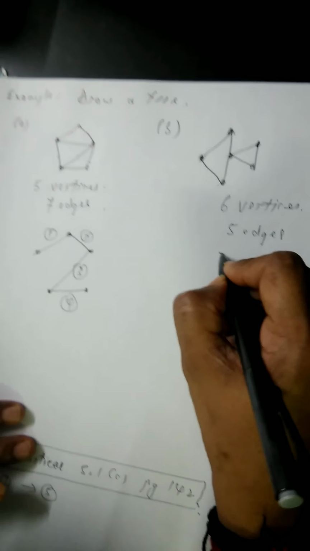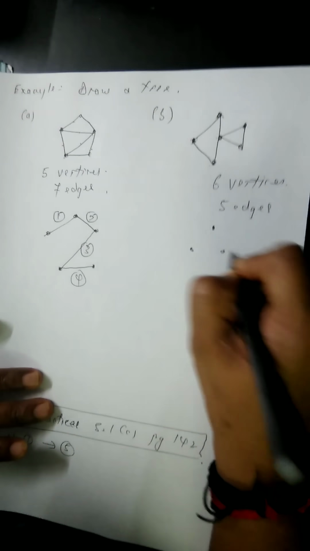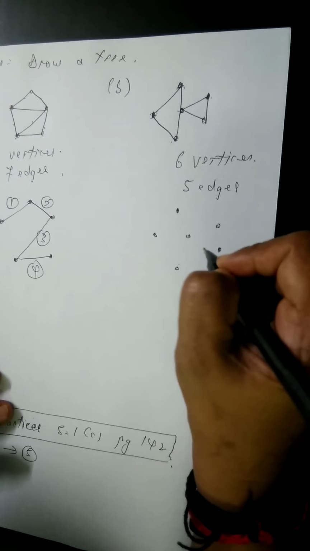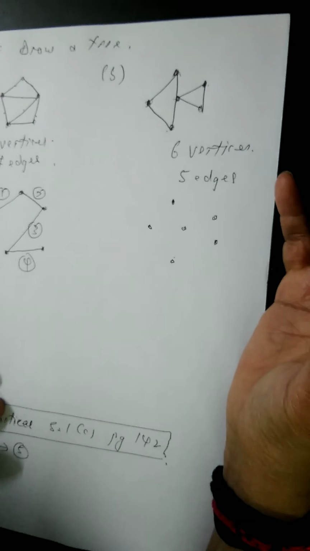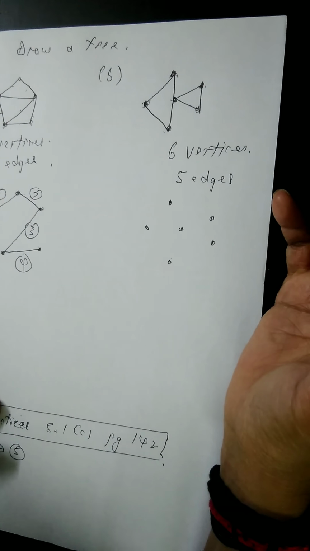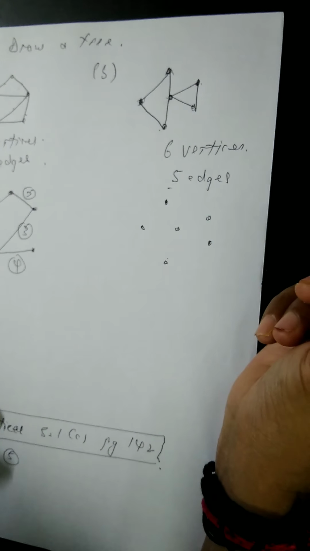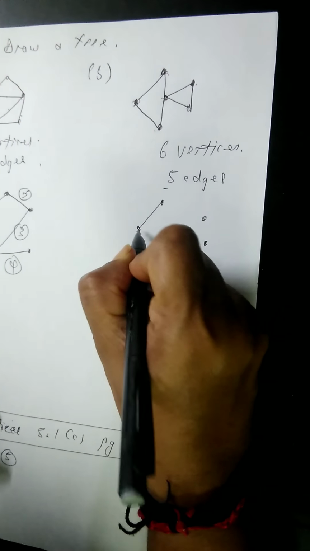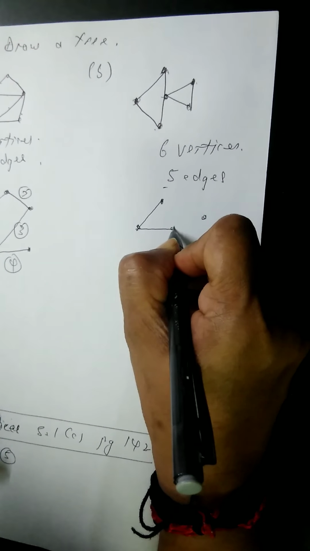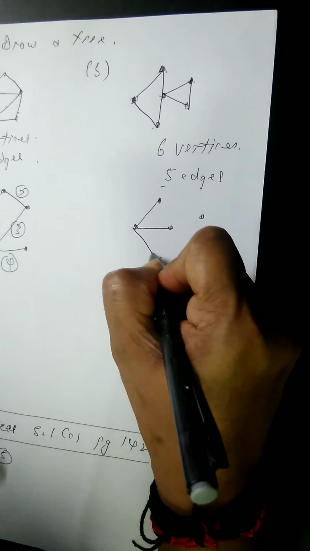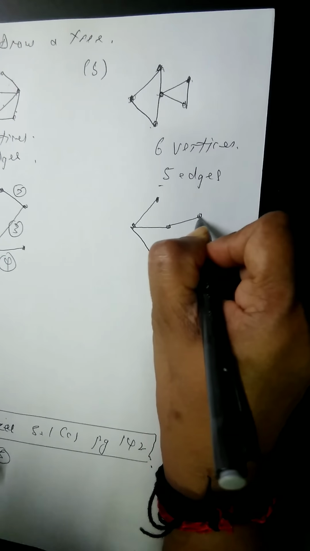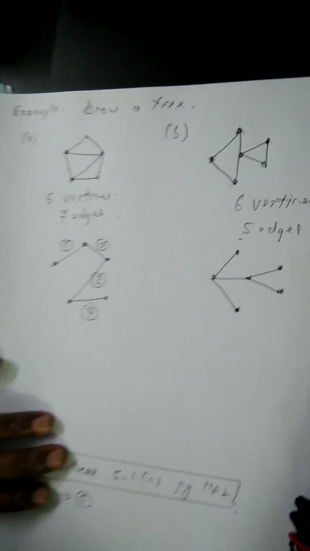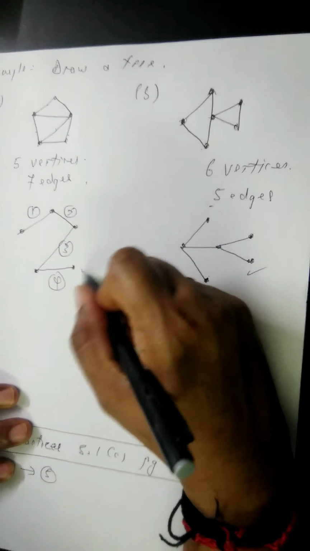I put it back in the actual position and then see whether I can get 5 edges. Maybe 1 here, 2, 3, 4, and 5. So this becomes a tree.